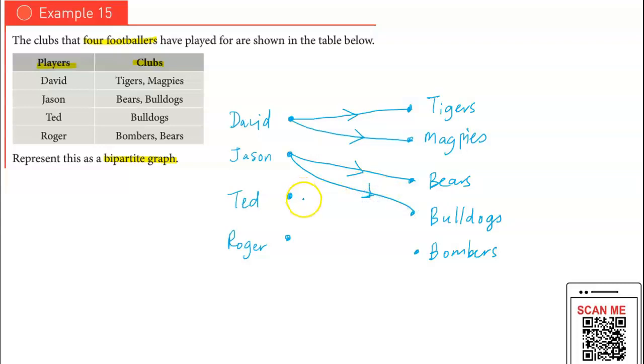Ted played for bulldogs, whereas Roger played for bombers and bears. There you go. This is the bipartite graph.